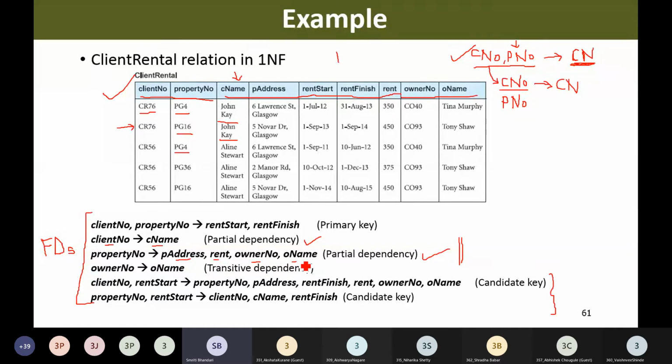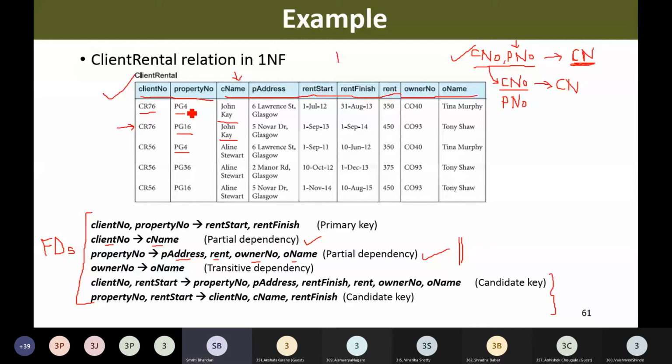Similarly, if we want to determine property address, rent of the property, owner number, owner name, then these attributes are dependent on property number only. To identify property address, we do not require client number.